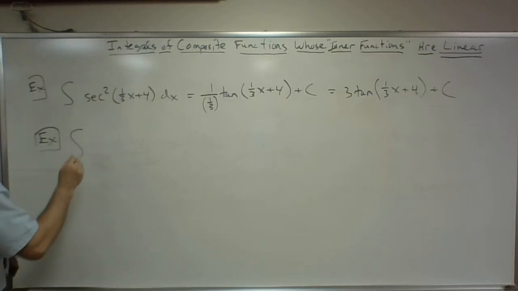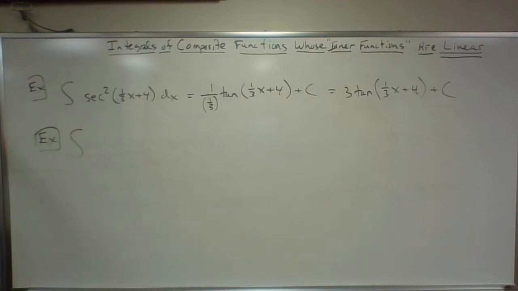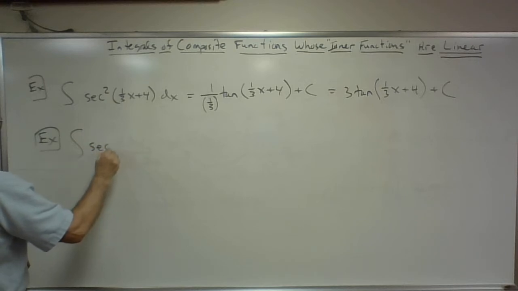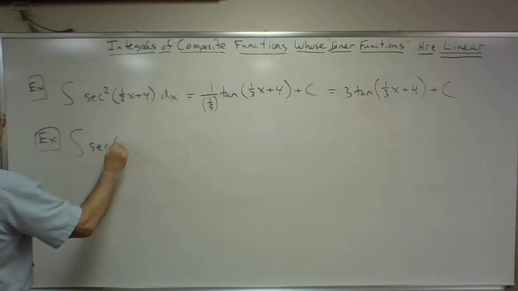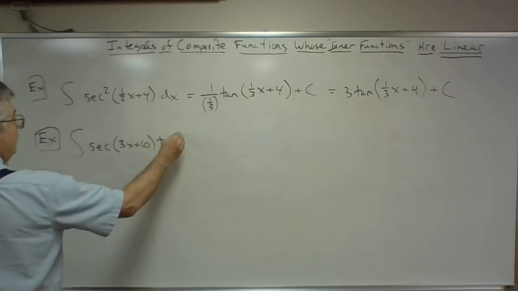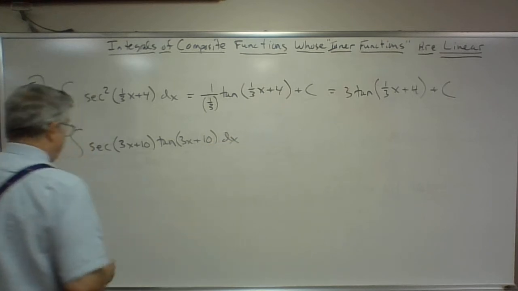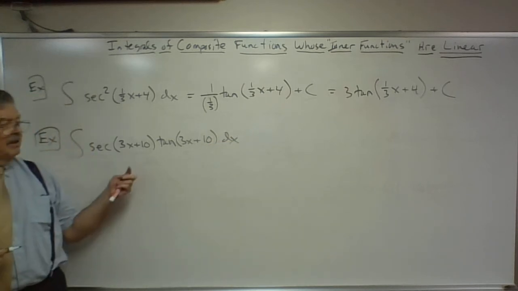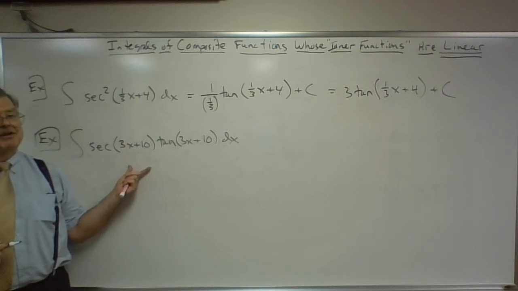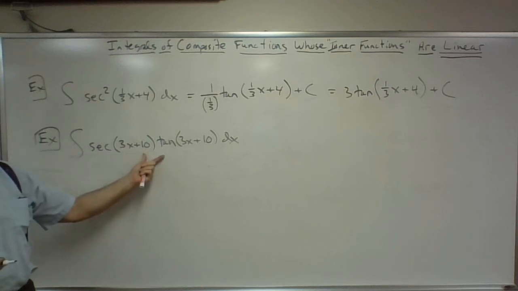What about this? When we see secant something, tangent something, all the flags should go up and say, you know what, we integrate this thing, we're going to get secant of something.